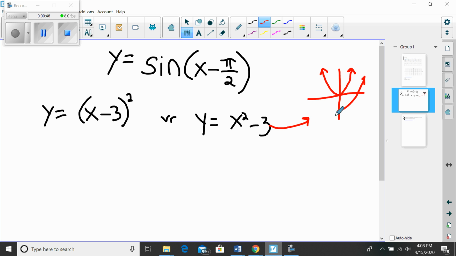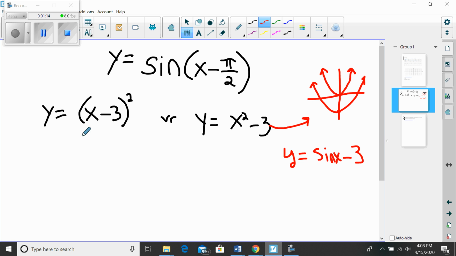Just like when we were working with the sine curve, if we had y equals sine x minus 3, that took my standard curve and shifted every point from that curve down 3 units. Okay, so same idea between these two.